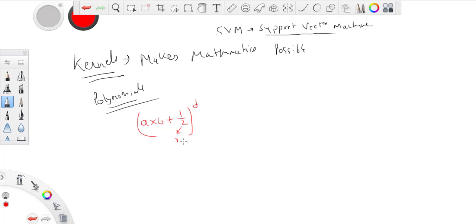So this is again a parameter which you can choose. I have chosen it to be 1/2 for our case, and let's say I'm talking about second degree polynomial. So this is nothing but, I can write it in this format, right?